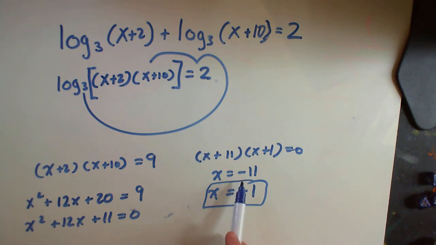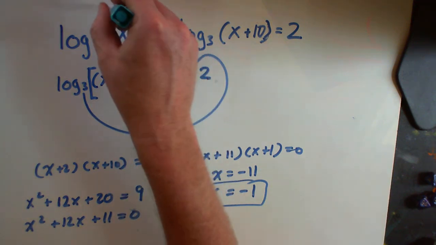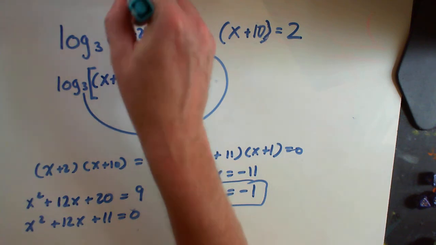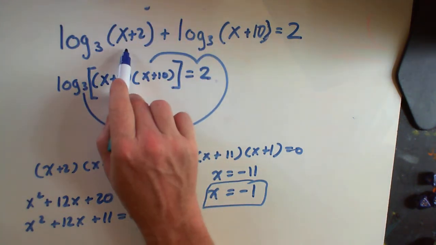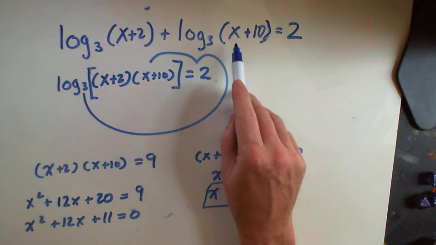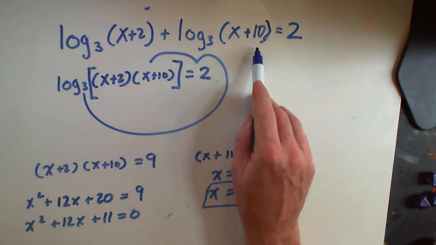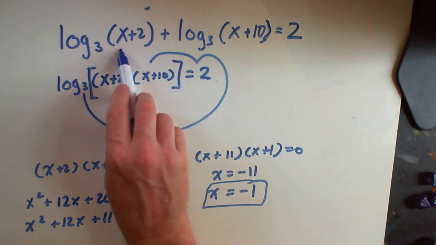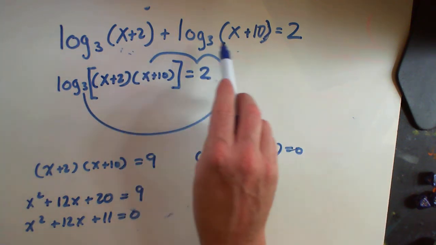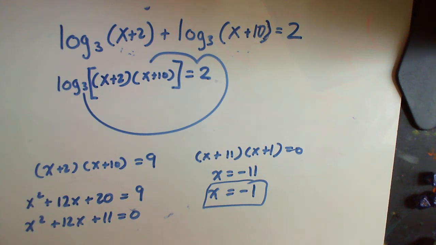But the negative 11 plus 2, that's negative 9, right? That would put a negative number inside of that. As a matter of fact, negative 11 plus 10 is negative 1. This negative 11 would result in negatives in both of those arguments. And that is why we have to disregard that negative 11, and our answer is just x equals negative 1.